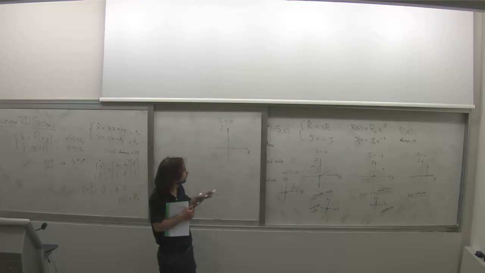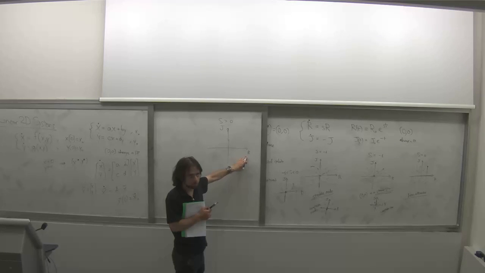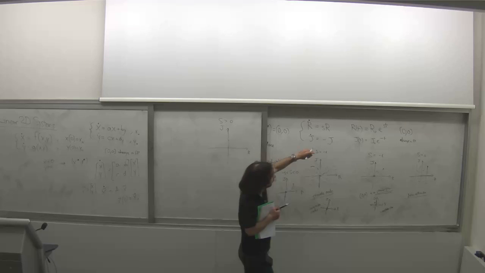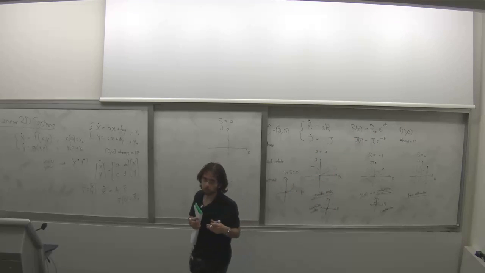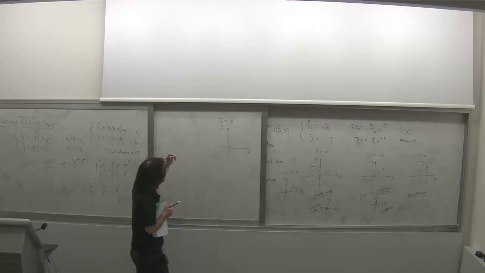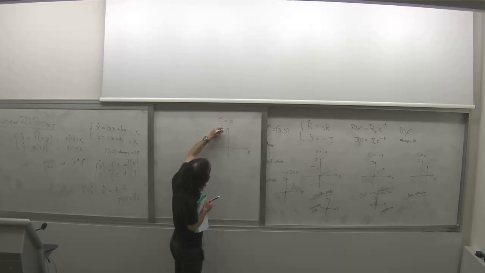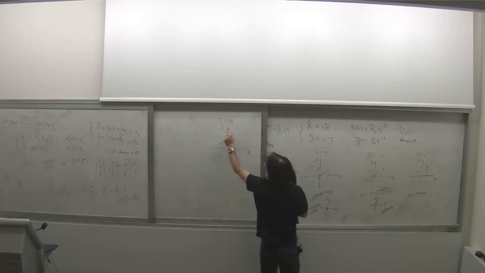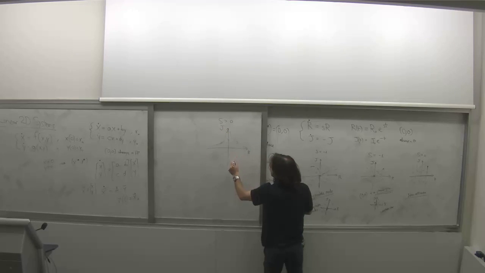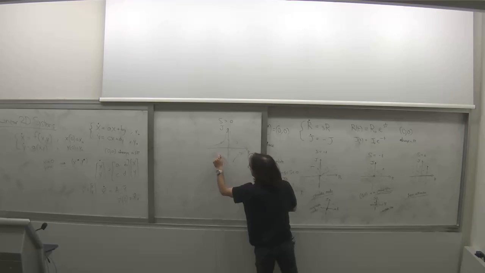But if R does not start at an initial value of 0, and S is positive, then R will grow to infinity with time. So if I start here, Juliet's feelings will decay, but Romeo's feelings will increase in their intensity. And the same here, and the same here.